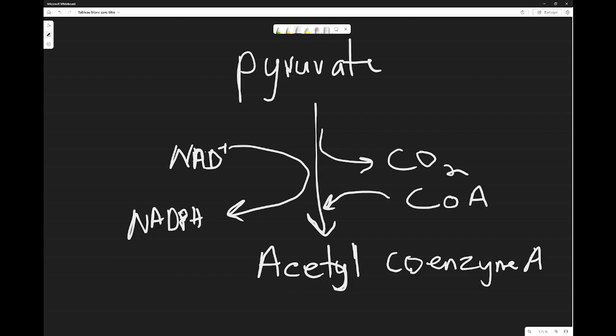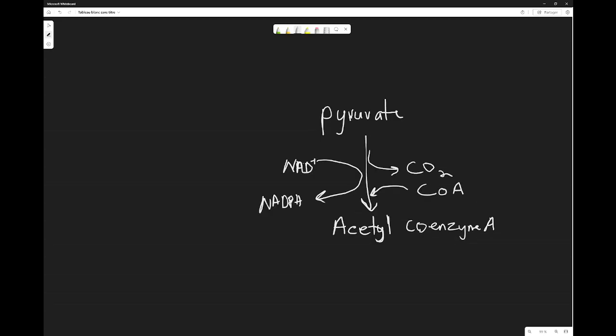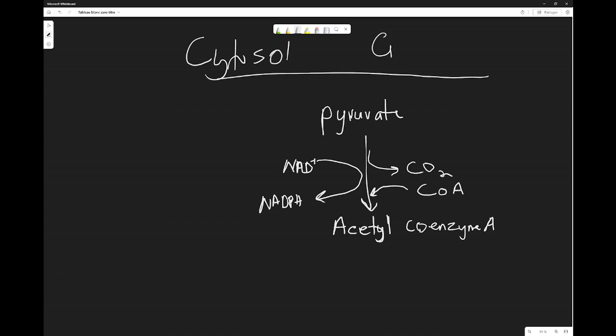Now, it's also important to remember that these are happening at different places in the cell, right? So glycolysis happens in the cytosol, right? So glycolysis will happen in the cytosol. So if here is a cytosol, right, we have glycolysis happening up here.